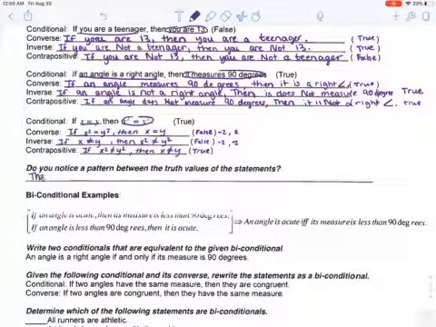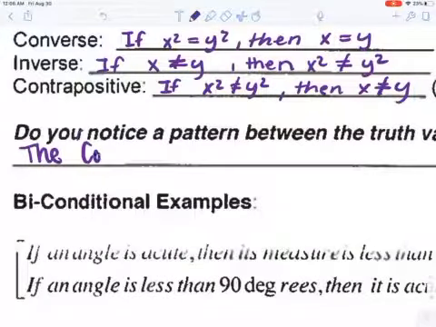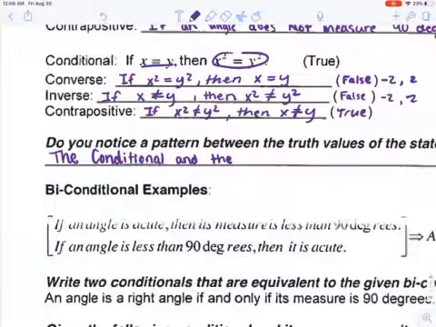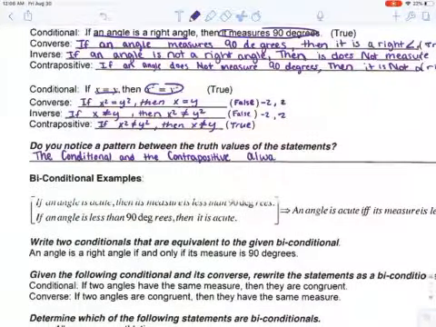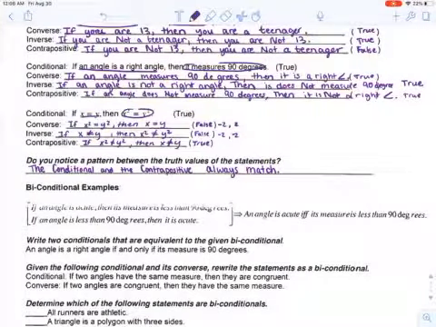The conditional and the contrapositive always match. You may also notice that the converse and the inverse tend to have matching truth values as well.